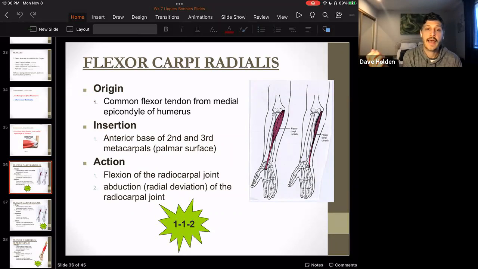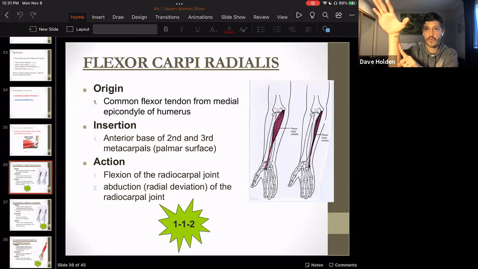It inserts at the base of the second and third metacarpals. This is one, so second and third. 1, 2, 3, there. So it will pull the palm of the hand toward the elbow. That creates flexion.